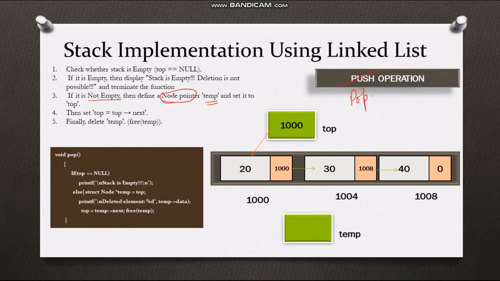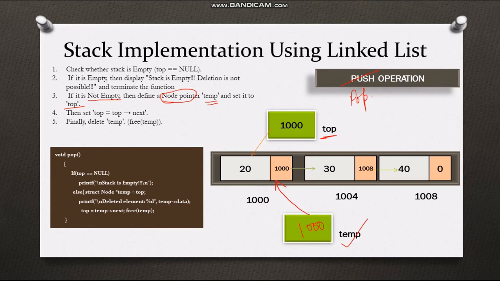Here you can see that I have defined a pointer, a temporary variable, a node pointer, and we will be setting it to the value that is in top. Currently you can see that the top has a value of 1000, that means it is pointing to the first node having the value 20. So first we'll have the value updated in temp as 1000. That means it is pointing to the node 20 now.